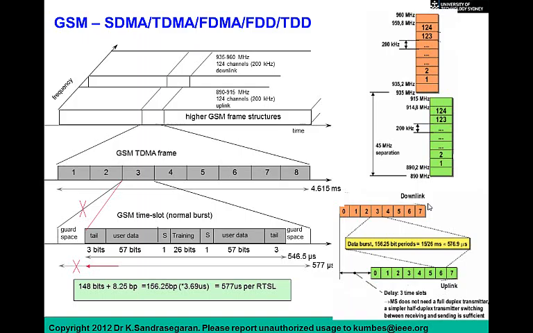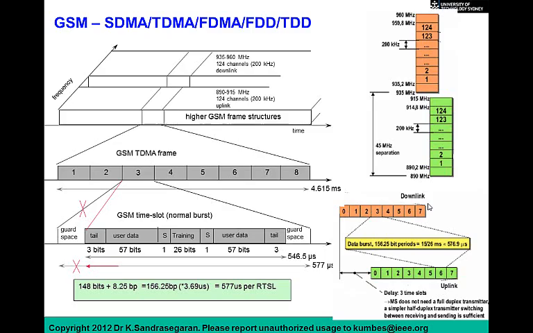By separating the uplink transmission and downlink transmission in time, we can use a single radio device that can both transmit and receive using one radio.